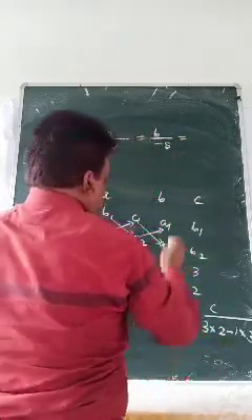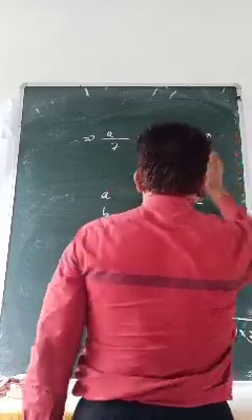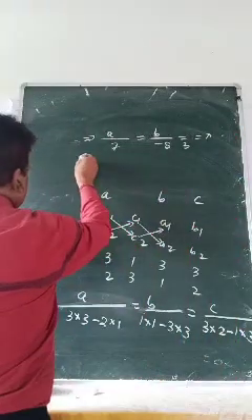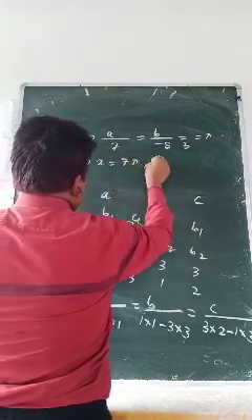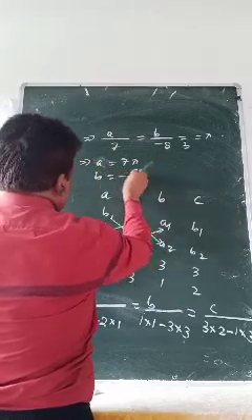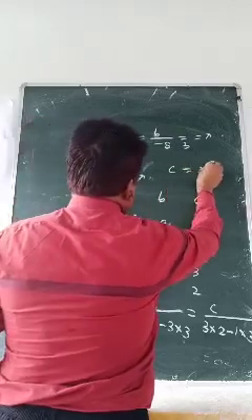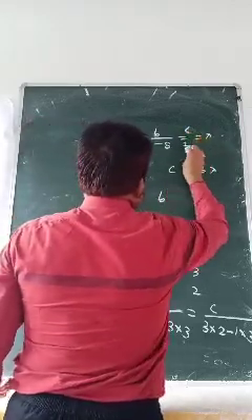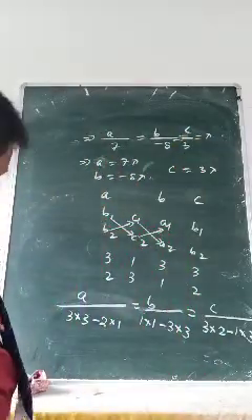C by 6 minus 3 equals, suppose, lambda. Means x equals 7 lambda, B equals minus 8 lambda, C equals 3 lambda.